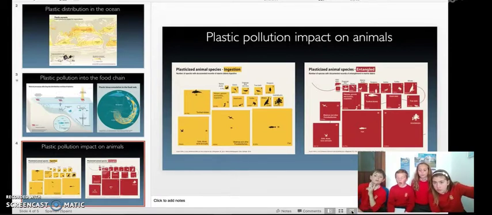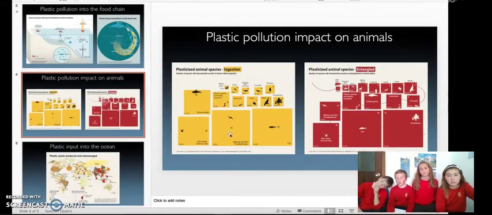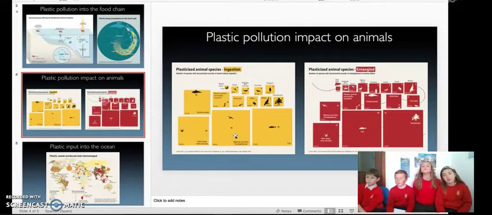Or they can also be exposed to plastic because they eat it. And when they eat it, many different things can happen. But one of the things that can happen is that it blocks their digestive system, it blocks their stomach. So they have the feeling that they are full, that they have eaten enough, and they stop eating because their stomach is full.